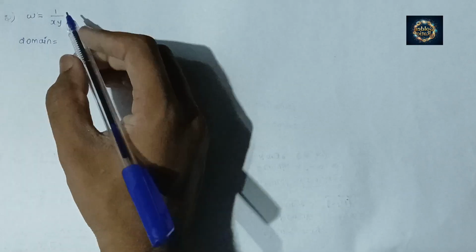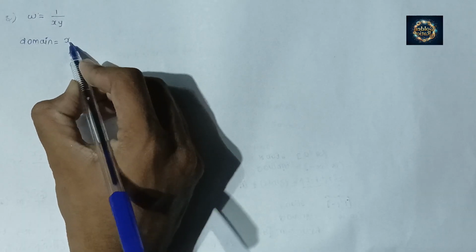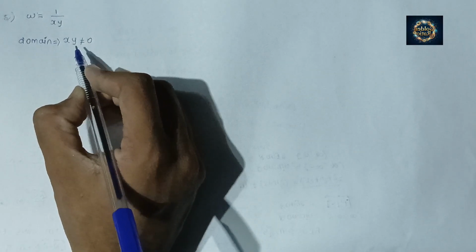So the domain can be any real number, with one condition: x and y should not be equal to 0. If either x or y is 0, the function will be 1 by 0, which is not defined.